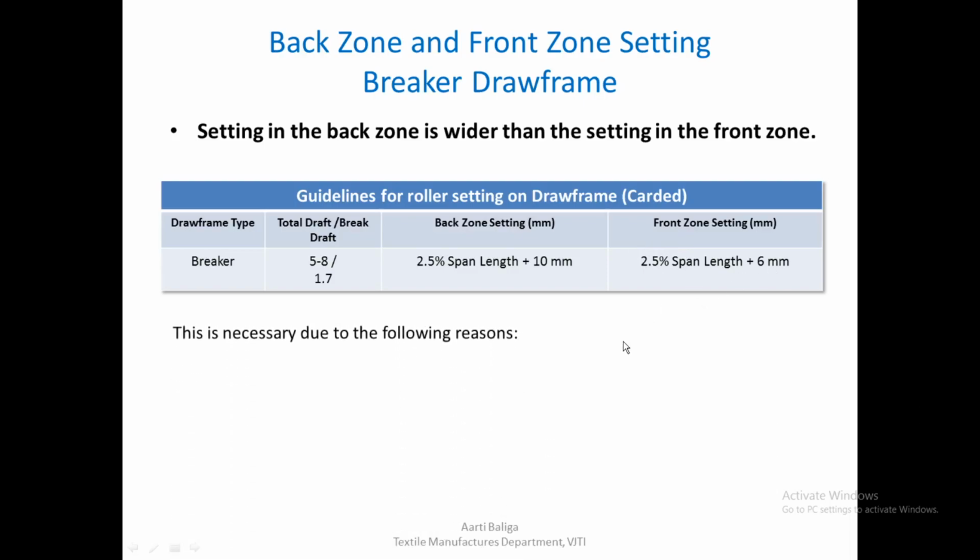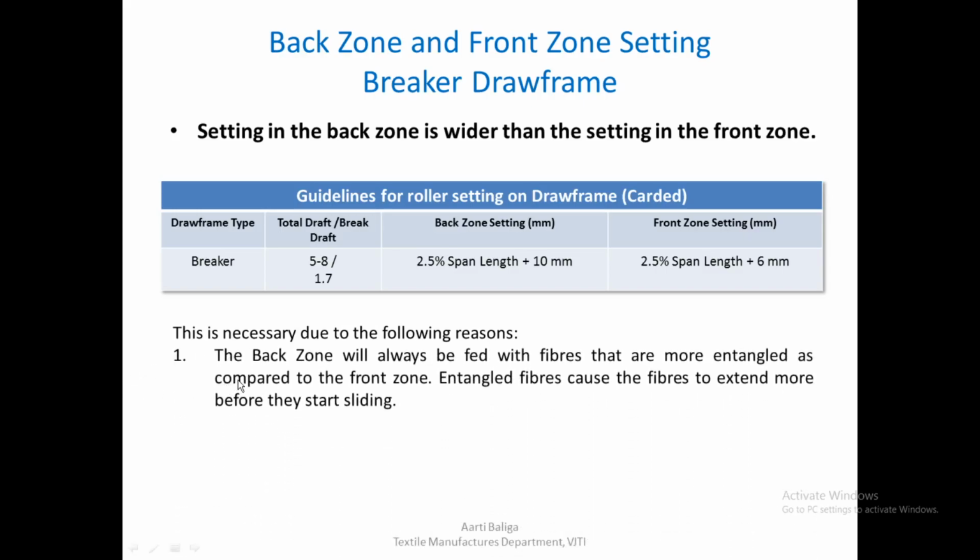Now, it is necessary to do this because of the following reasons. As we know, the back zone will always be fed with fibers that are more entangled. Whether it is breaker or finisher, the back zone will come across fibers which are more entangled than what the front roller will come across.